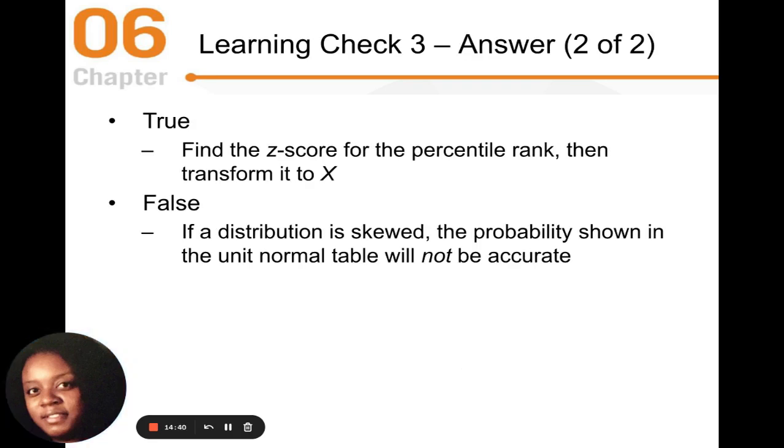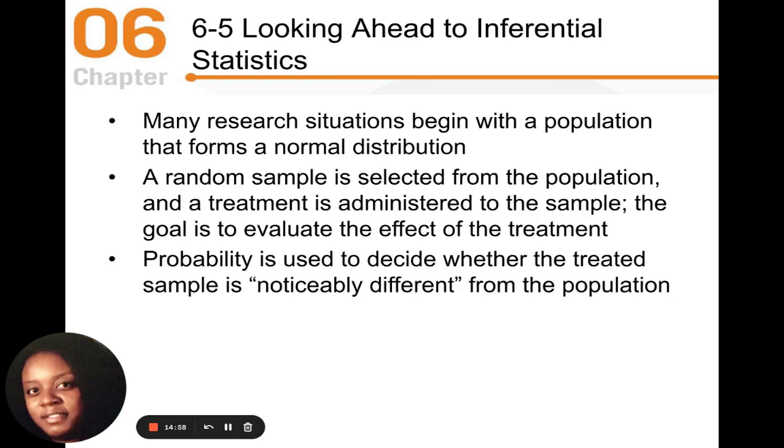That's going to be true. Finding the z-score for the percentile rank can then be transformed to X. And it's going to be false that if a distribution is skewed, the probability shown in the unit normal table will not be accurate. That skew throws off the distribution.